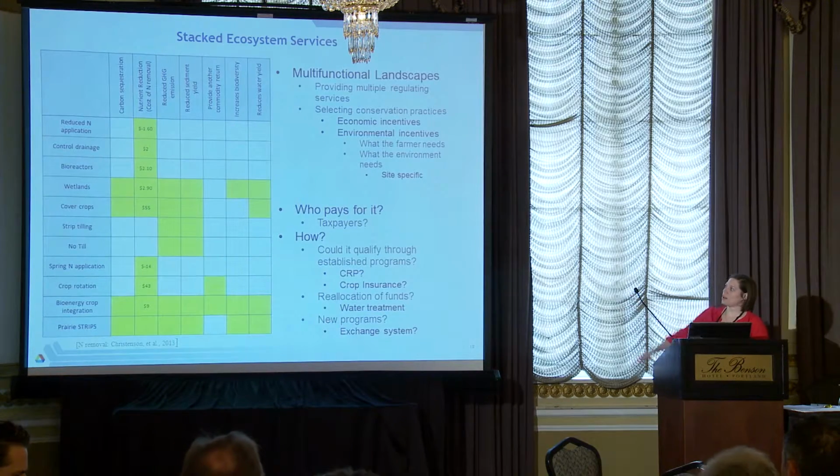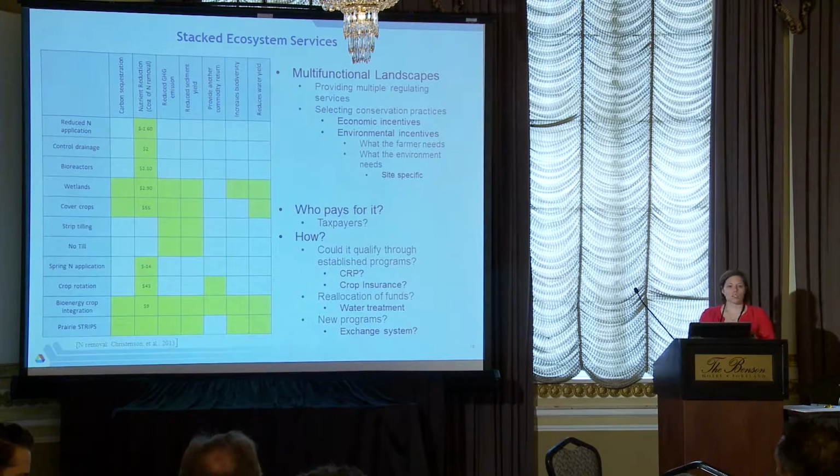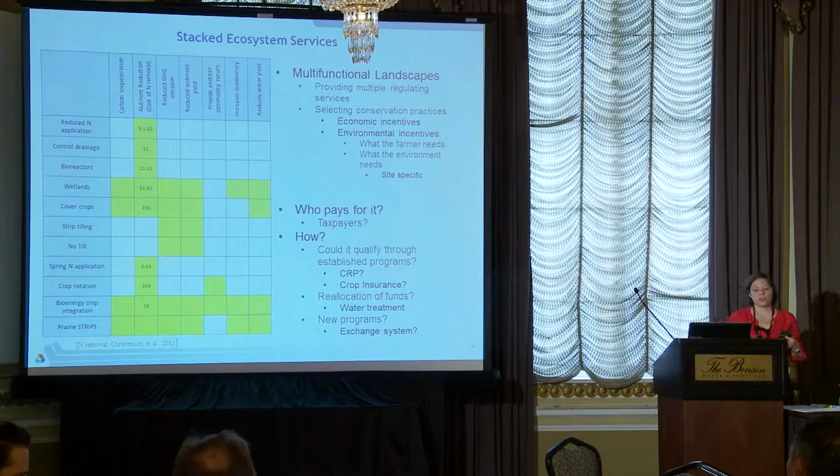This came out of the discussion last week at the International Association for Landscape Ecologists, this stacking of ecosystem services, and how if you look at multiple ecosystem services that each of these different conservation practices have, depending on what the farmer needs, depending on what the environment needs, it's very much site-specific. You can use this as a tool to determine what conservation practices are more applicable to your site.